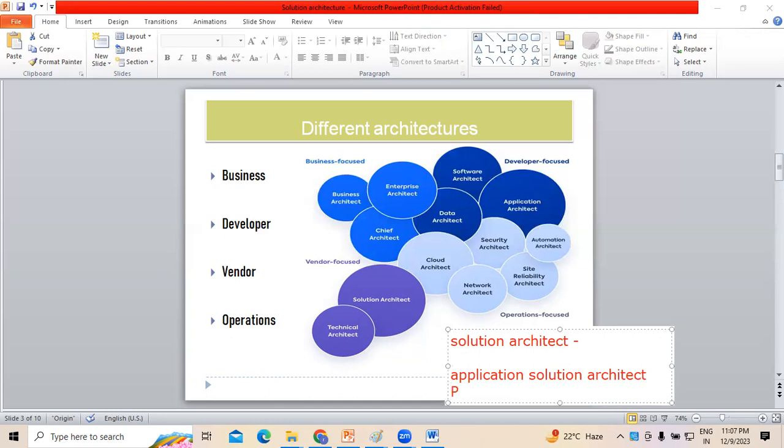Second, platform solution architects. Again, in solution architect, we have 3 variants. One is application solution architects. Second, platform solution architects. Third is infrastructure solution architects.